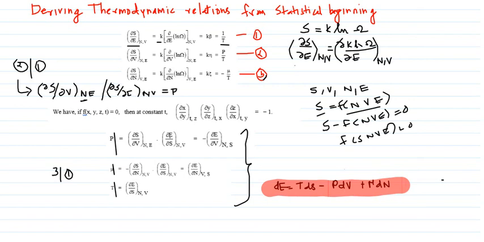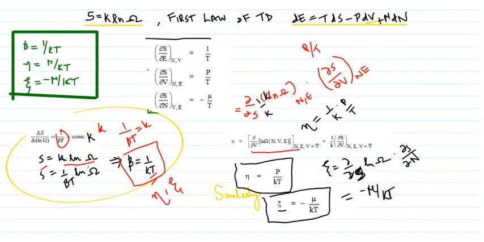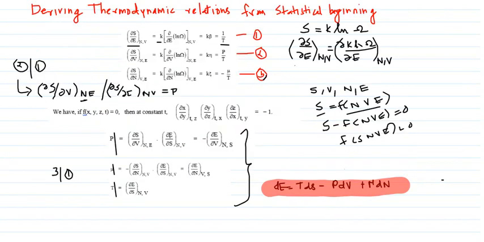Just like what we have done in the first part of this lecture, right? Now our question is whether the same equations can be obtained using a statistical beginning.